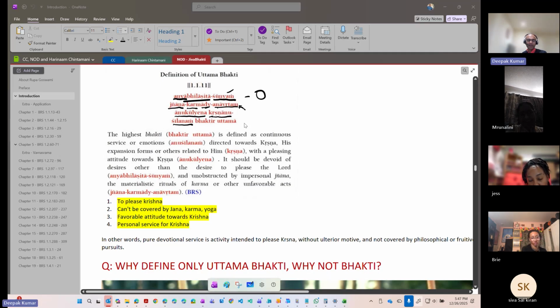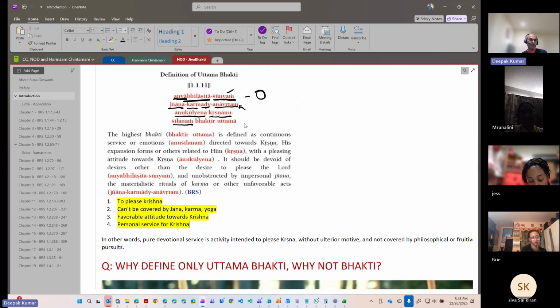Okay, so you think that sometimes you do have desires which are different from pleasing Krishna, right? Yes, that's honesty. I always have a trust that he is our Lord, he is always there to take care. But somewhere I have some desire, and then again I become reluctant.